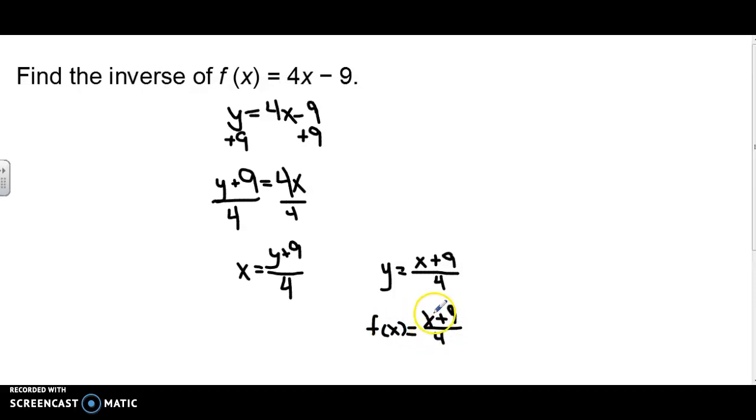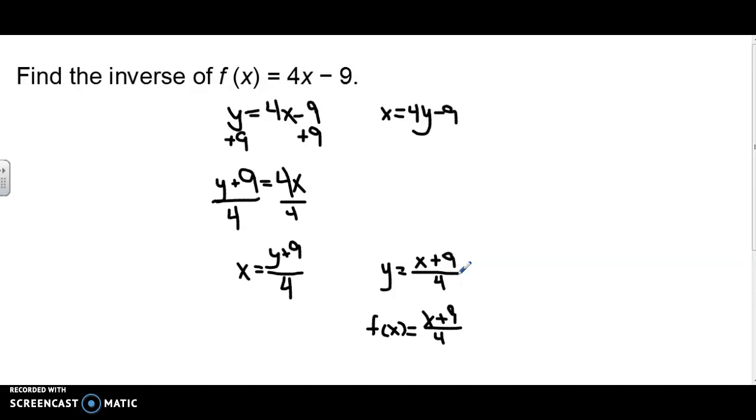So that's the only difference. You just switch where the x and the y are. If you wanted to do it first, you could have done it right at the beginning, said x equals 4y minus 9, and then solved for y. That's fine. You would have gotten the same exact answer. It wouldn't have mattered. That's how you find the inverse.